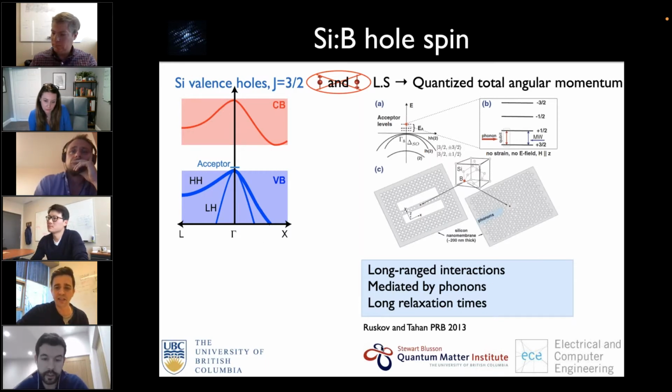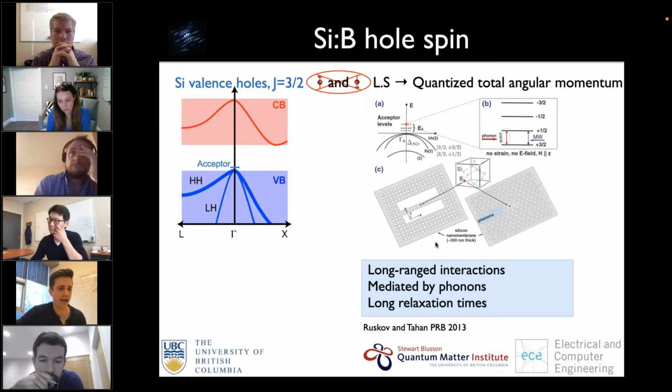First, Charlie Tahan and Rusko-Ruskov pointed out that through interactions of the isospin or the spin in the valence band with phonons or sound in a crystal, you could use this sound in specially tailored structures, very highly engineered materials, to make long-range interactions mediated by individual phonons, and that these qubits would have long T1 times, relaxation times. That's a rather complicated picture, so I'm just going to skip through it.